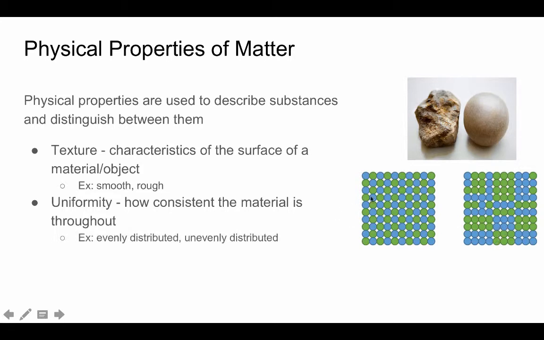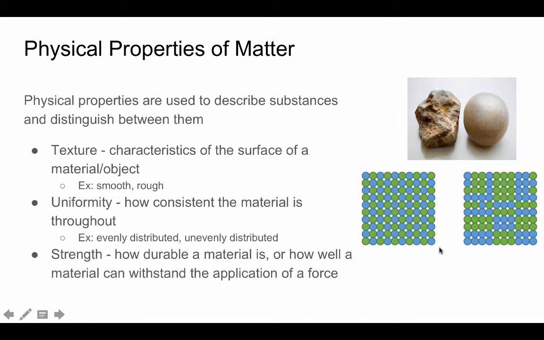So evenly distributed means uniform. It's gonna be the same composition throughout it. And here you have a fragmented distribution where some parts are more heavily weighted in one area than in another.